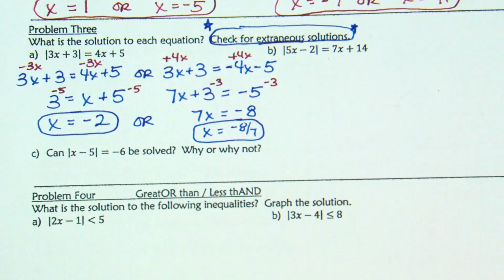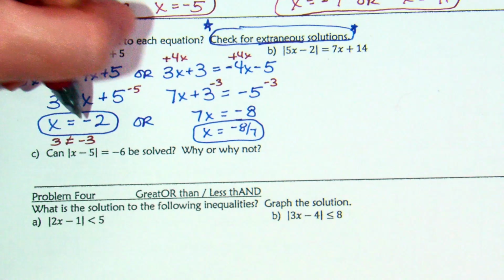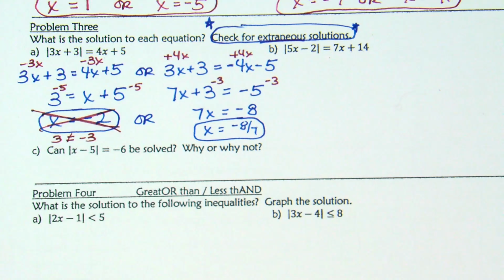Now let's plug negative 2 into the right. 4 times negative 2 is negative 8, plus 5 is negative 3. This time, though, there's no absolute value. Does 3 equal negative 3? No, it doesn't. So what's that mean about the answer negative 2? Negative 2 is not a solution. It is what we call an extraneous solution. It's an extra solution. It does not actually work. So that's how I tend to plug my answers in.